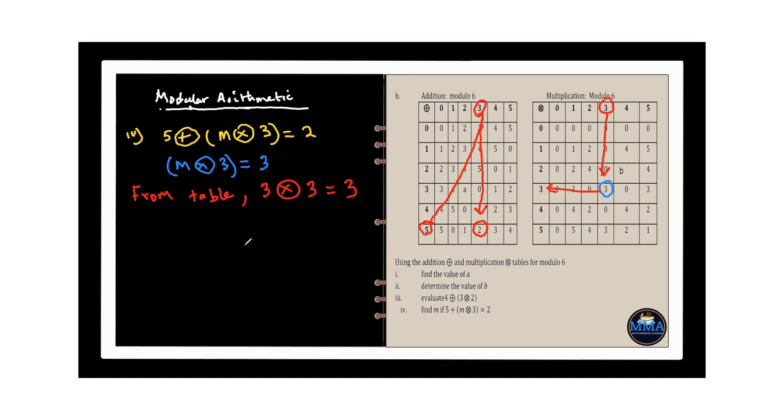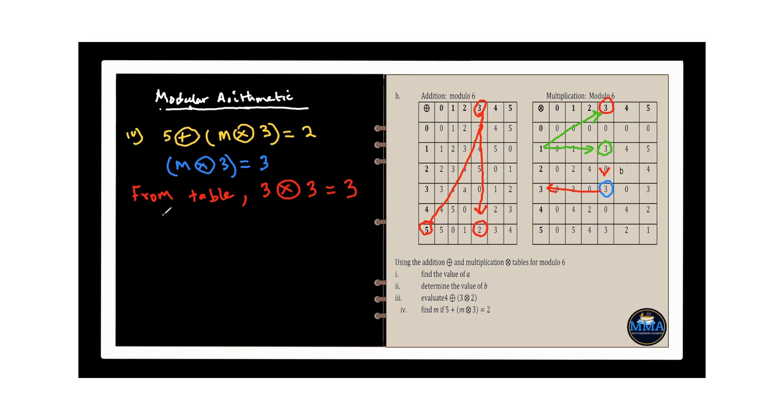All right. Now, again, look at this. Is it only 3 times 3? Look at this also. We can also see something times 3. So 1 times 3 is 3.